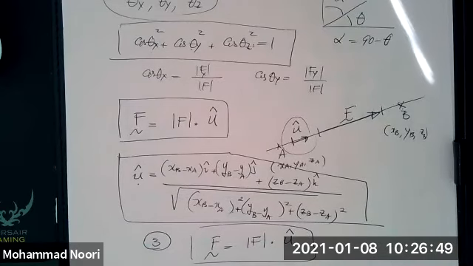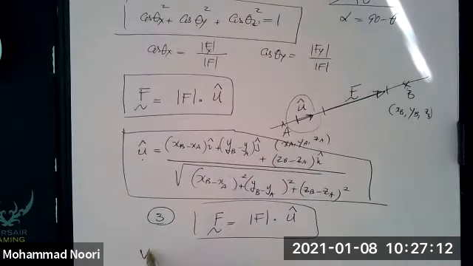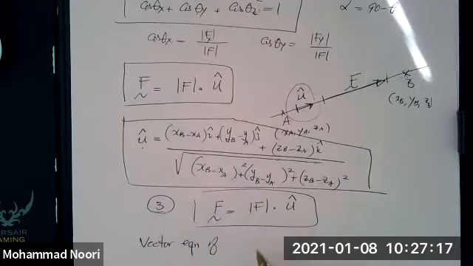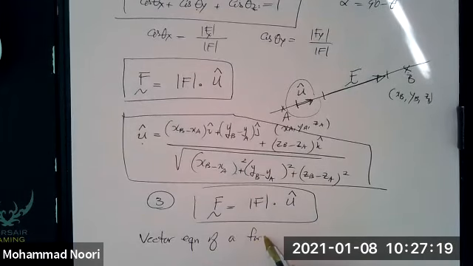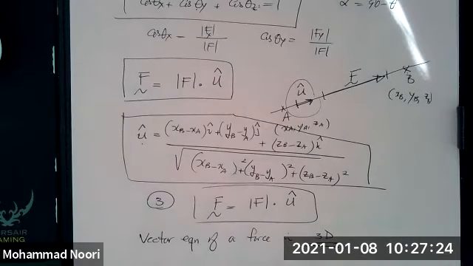So depending on what information you're given, you can write the vector equation for a force using one of these three alternative forms. So we have accomplished something here. We now have the vector equation of a force in three-dimensional space.